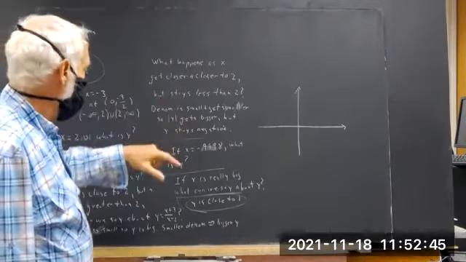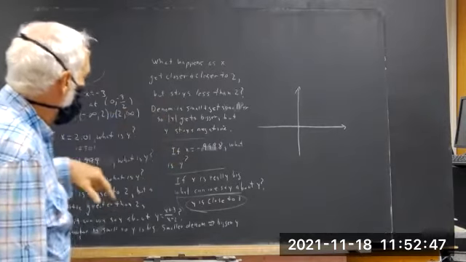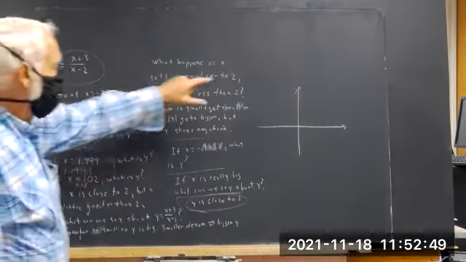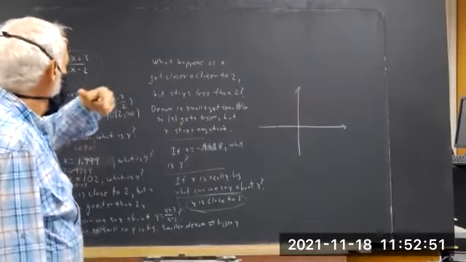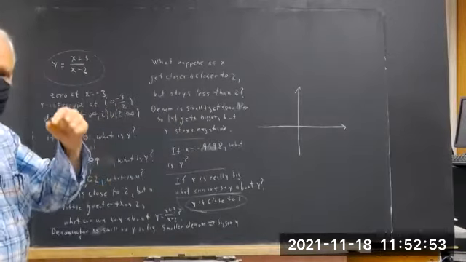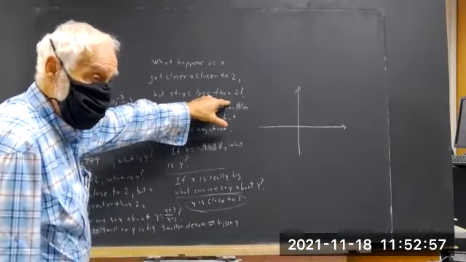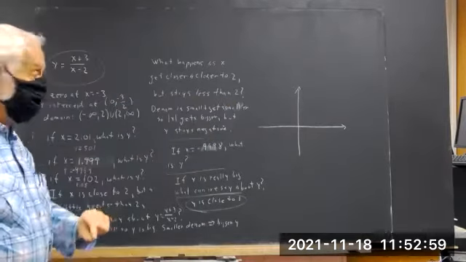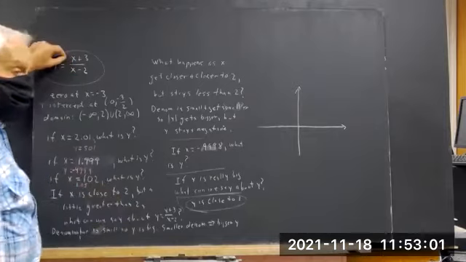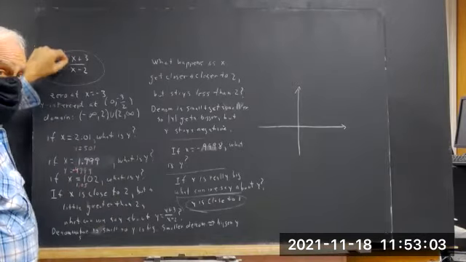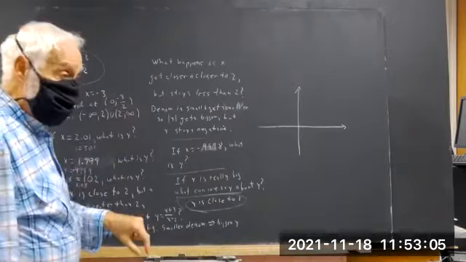Now, what does the lesson tell you? Well, if x is close to 2, then x minus 2 is going to be a small number. If x is less than 2, it's going to be a small negative number, and your numerator is going to be pretty close to 5. So you're going to get 5 divided by a small negative number.